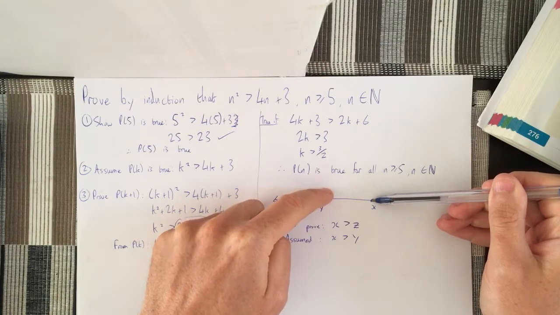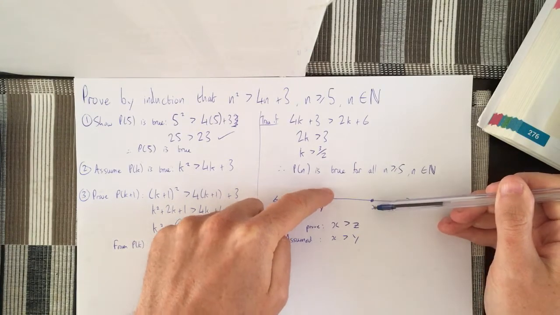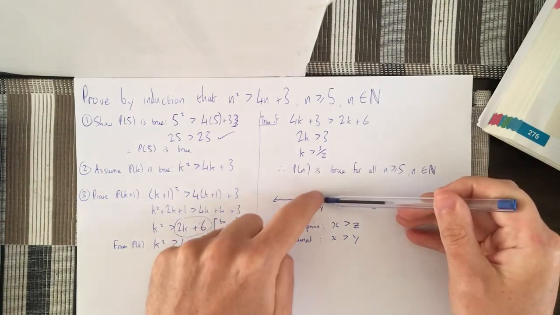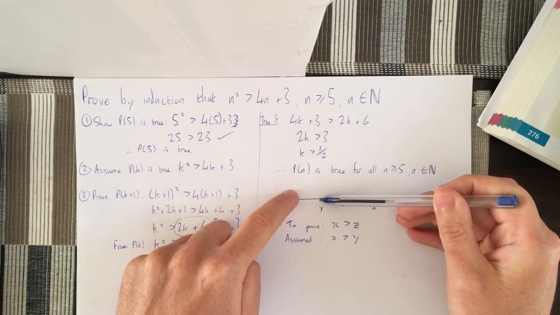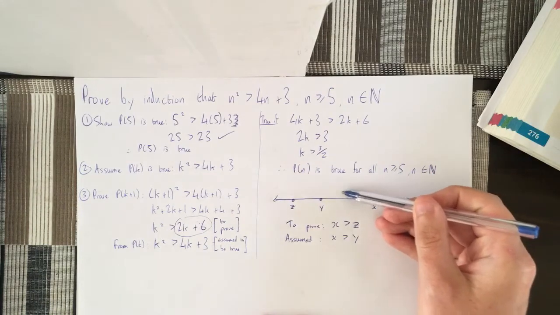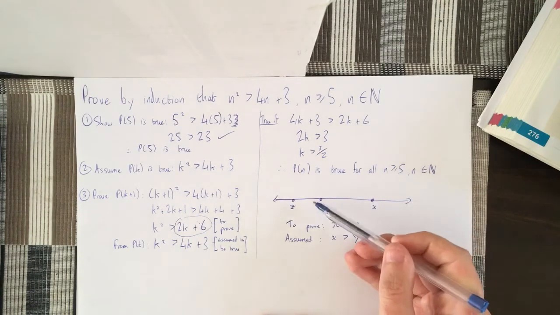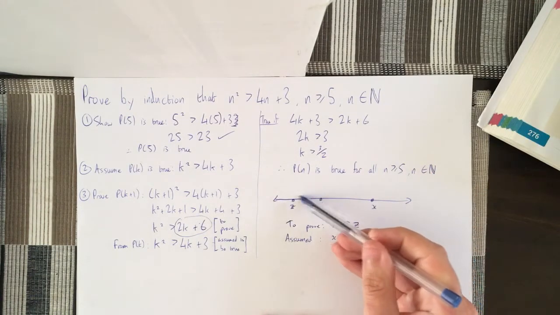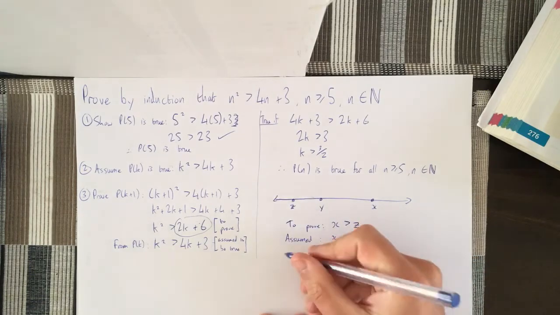So this overall thing is true if y is bigger than z. So trying to prove this, have assumed this. So if this is bigger than this, you've bridged that slight gap.